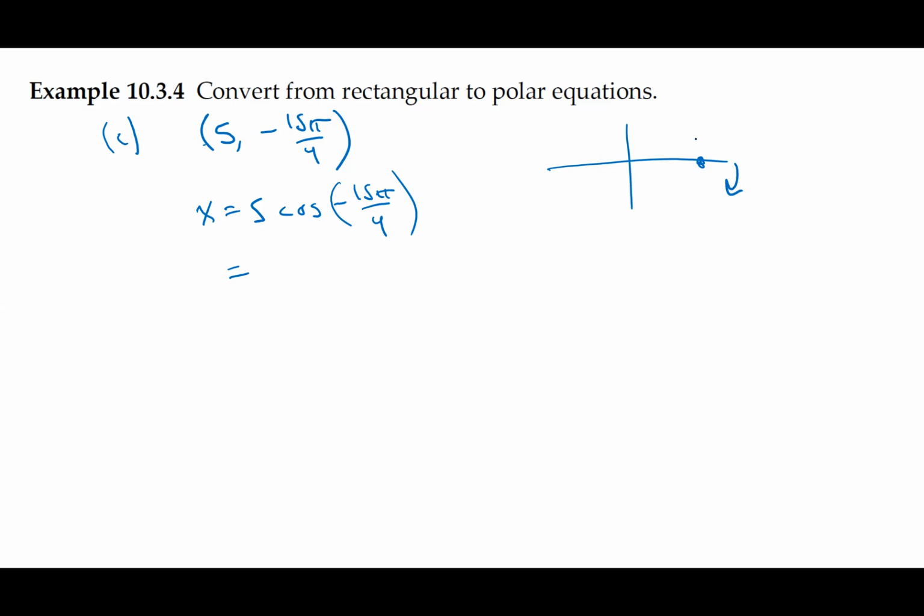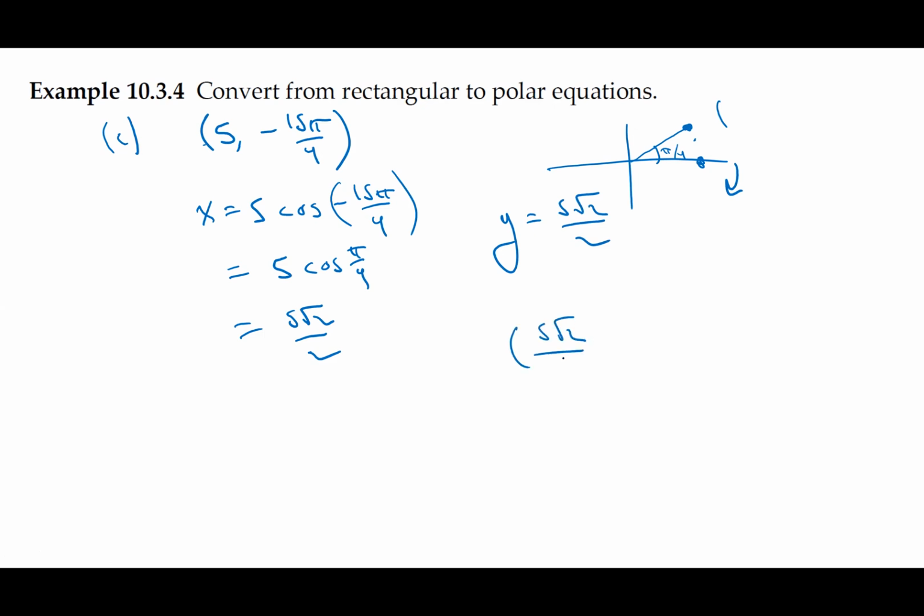So 15 pi fourths is just pi fourths short of 2 pi or 4 pi. So, come back. So I can call this 5 and then cosine pi fourths. So you get 5√2/2. And just by what we know about the unit circle, that means Y is going to be the same. So that point is 5√2/2, 5√2/2. Okay. All right.